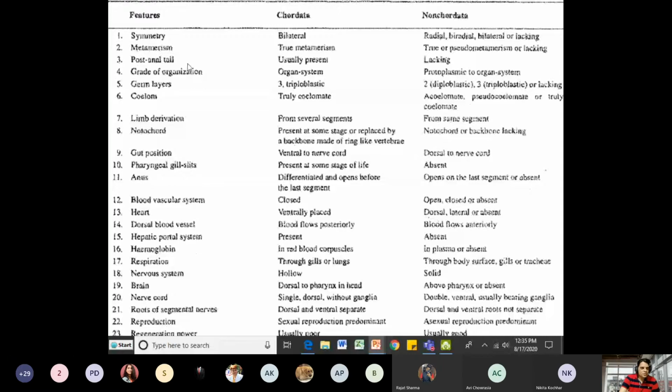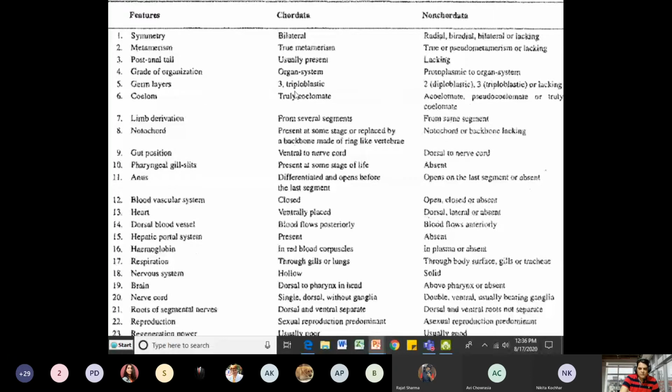Then the third one is the post-anal tail. In chordates it is usually present, but in non-chordates it is lacking completely. Grade of organization: we know the organ system grade of organization is found in chordates, whereas there are many levels of grade of organization seen in non-chordates.